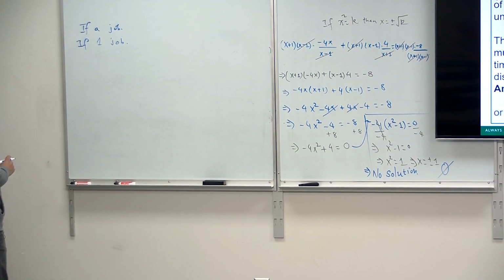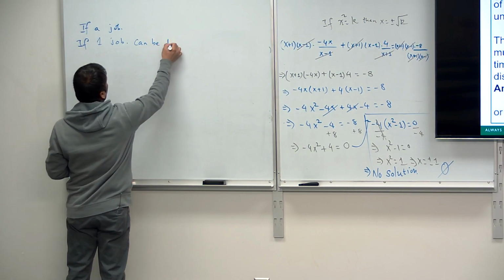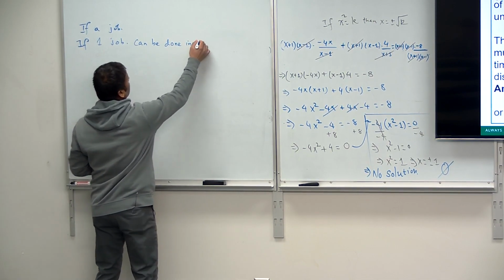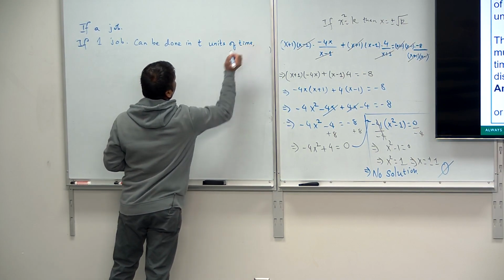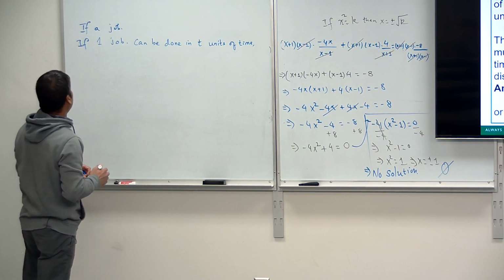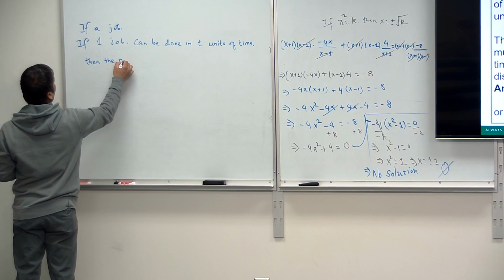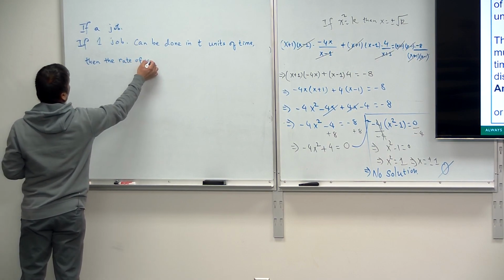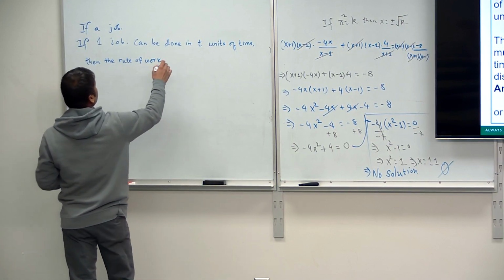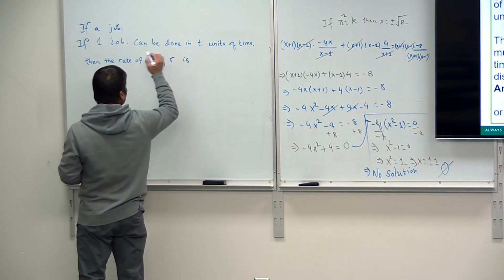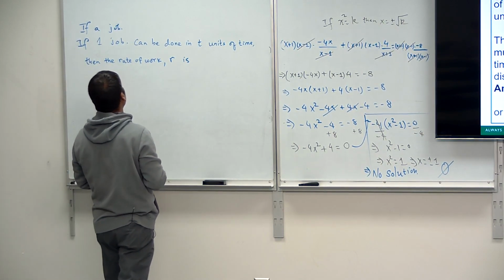If one job can be done in t units of time, then the rate of work, which is denoted by R, is 1 over t of the job per unit time.